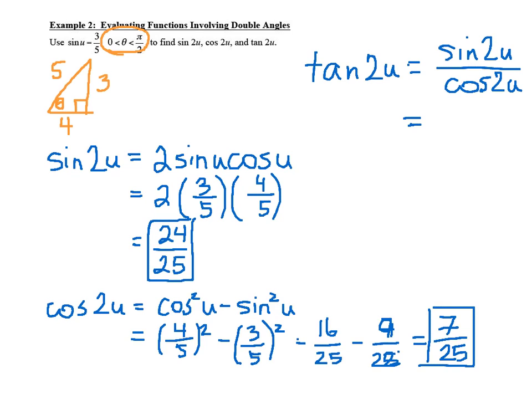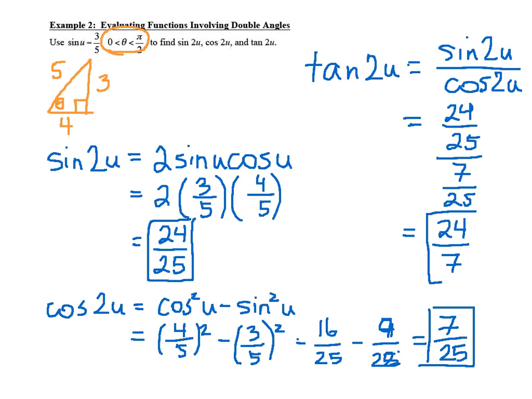So that means you're going to end up having 24/25 divided by 7/25, and if you multiply by the reciprocal, you end up getting 24/7. So there are your 3 values for the sine of 2u, cosine of 2u, and the tangent of 2u.